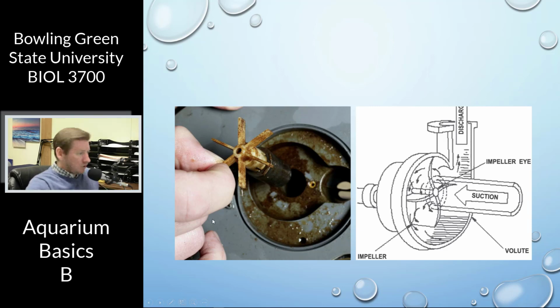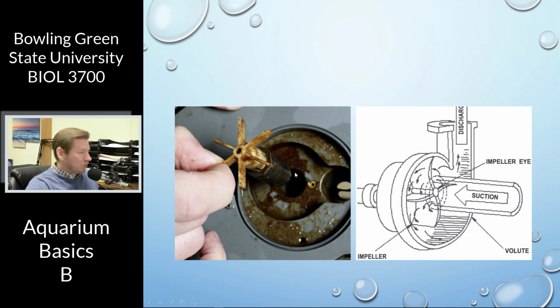Something else you should be aware of: if you have one of these running in air, let's say you have a sump in your aquarium, this is your return pump, and the water level drops too low for too long, this thing no longer has water. There's no water in here. It'll heat up. This magnet will expand and crack.